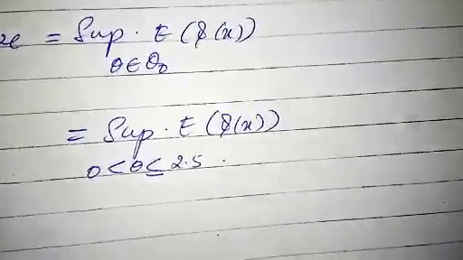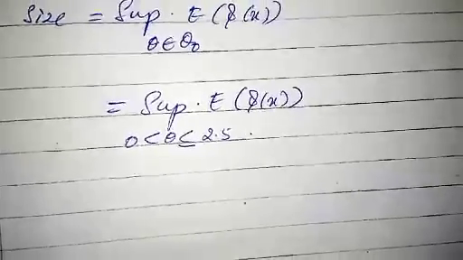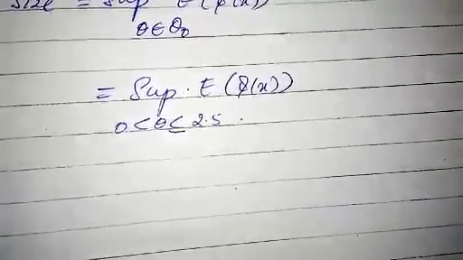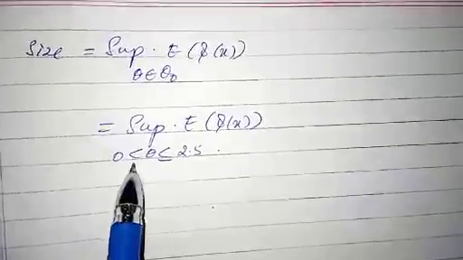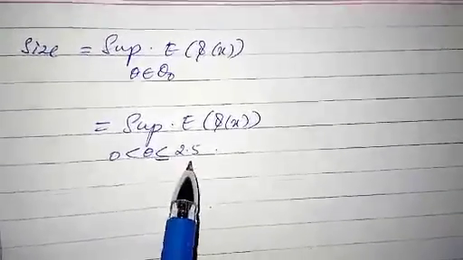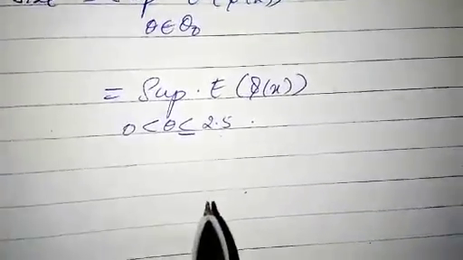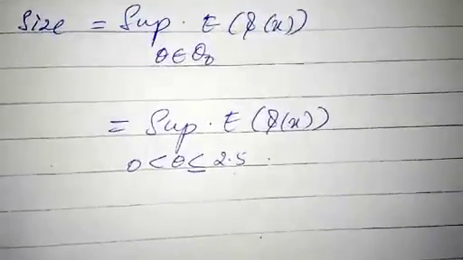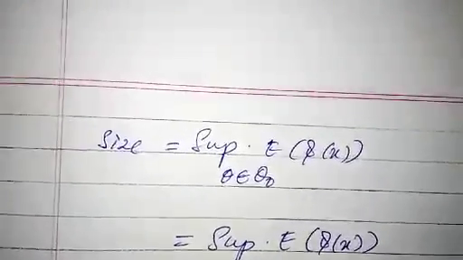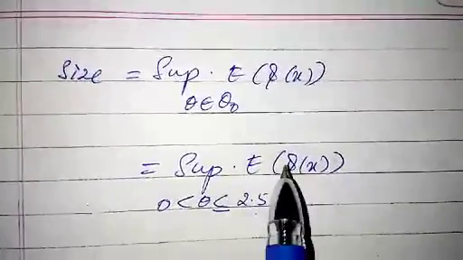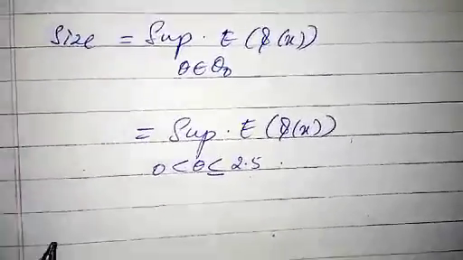For that, first we have to find the supremum. First we have to find which value to take for theta. Here theta is between 0 and 2.5, so we have to take the value for theta which maximizes the expectation of phi of x.